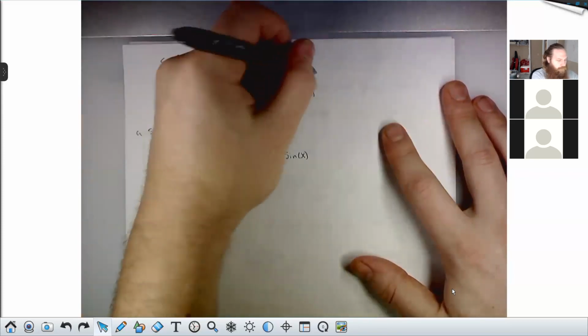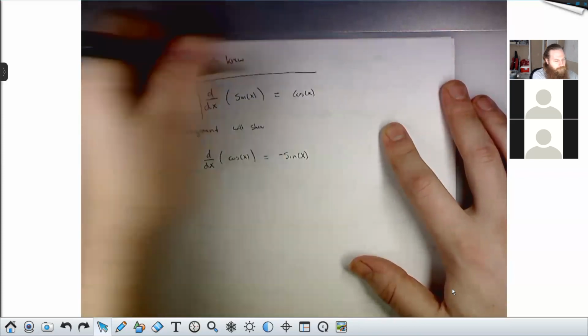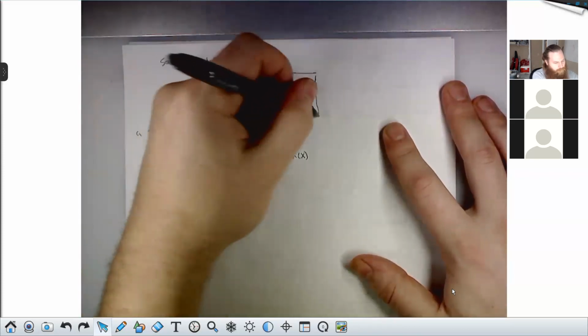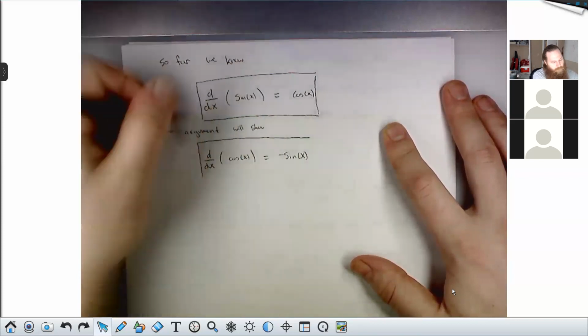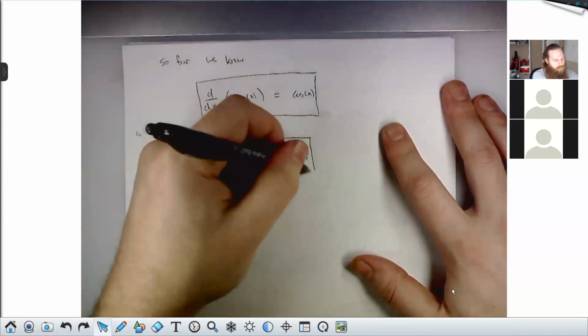And I told you guys both of these last week, and then we cooked up a few other derivatives using the quotient rule. Anybody remember the ones that we cooked up last week in addition to these two?